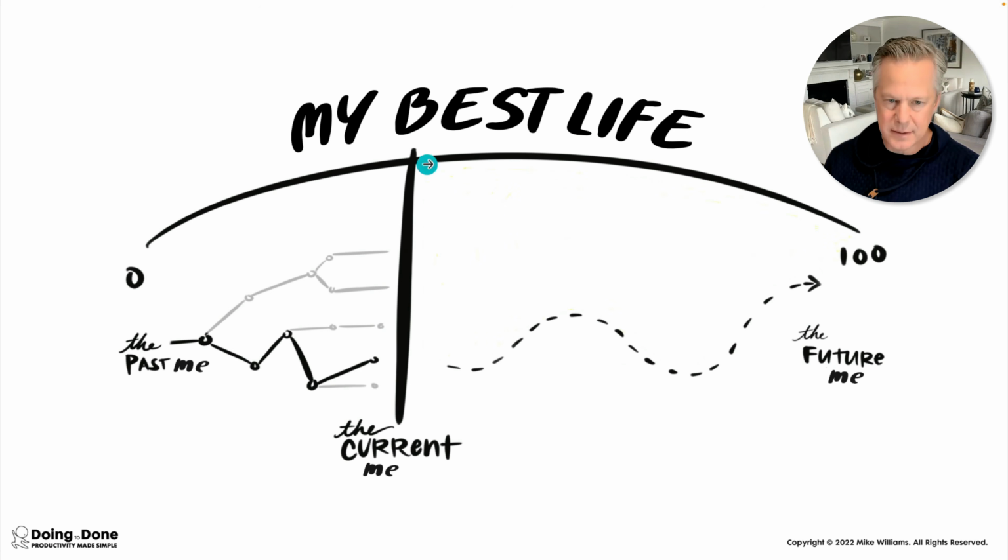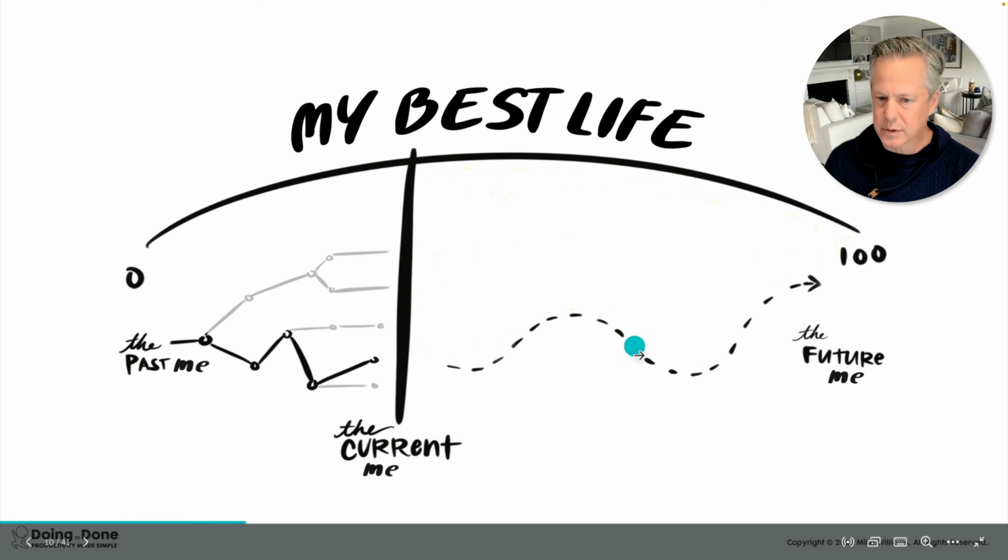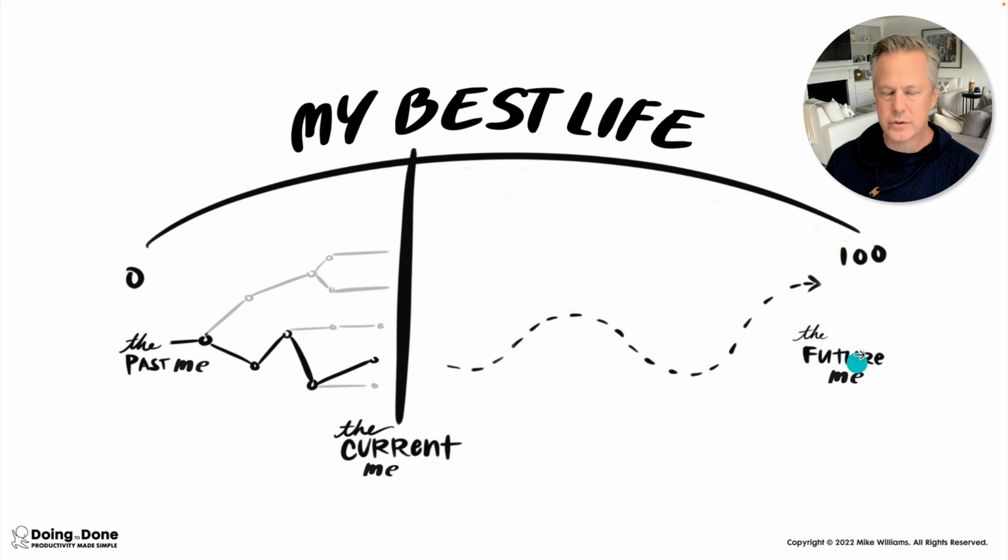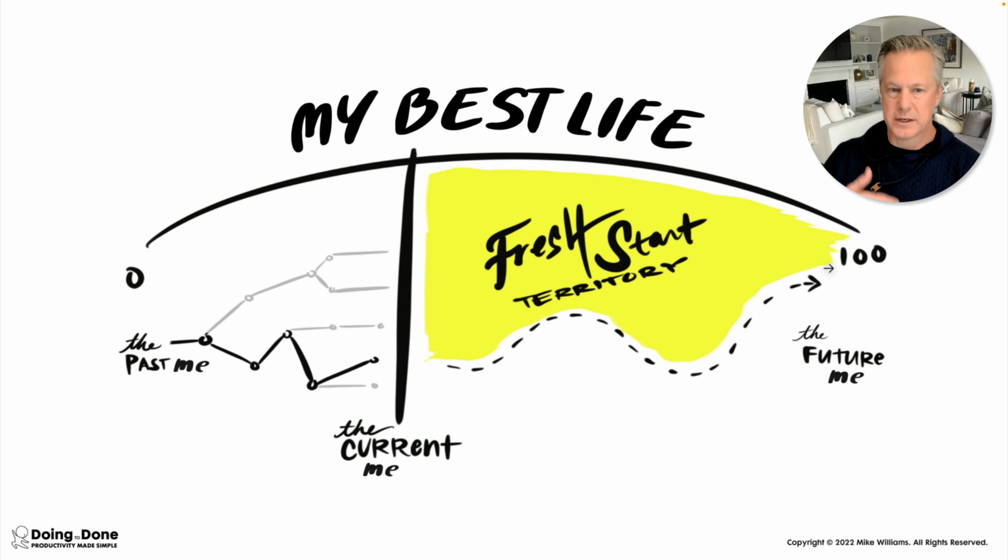So then, based on our current reality, we're going on this journey towards the future you. And what I realize for myself is this is fresh start territory. And it was such a wonderful invitation to say that no matter what happened a moment ago, a day ago, a week ago, a year ago, I always have the ability in me to use my imagination to create a fresh start.